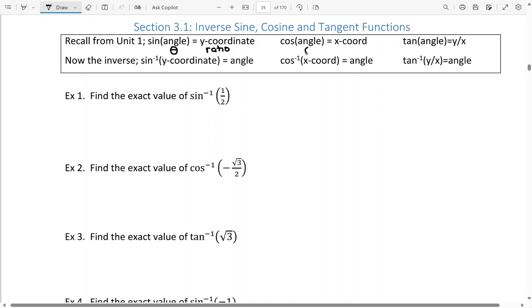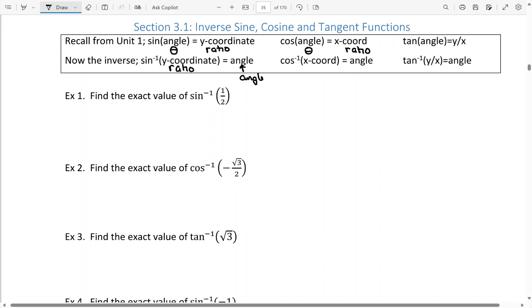Cosine of an angle gave us the x-coordinate. Again, angle was the input, ratio was the output. For the inverse function, now it's going to be sine inverse of the ratio, and our answer is going to be the angle.